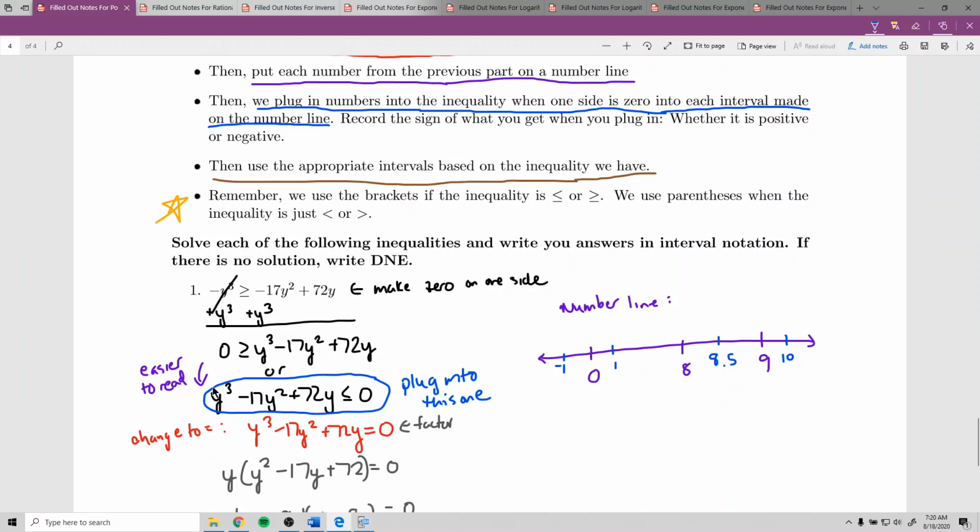All right, so what we're going to do, just like before, I'm going to plug it into the left side with y cubed minus 17y squared plus 72y. I'm going to plug in these numbers and see what happens. So we'll plug in -1, we get -1 cubed minus 17 times -1 squared plus 72 times -1.